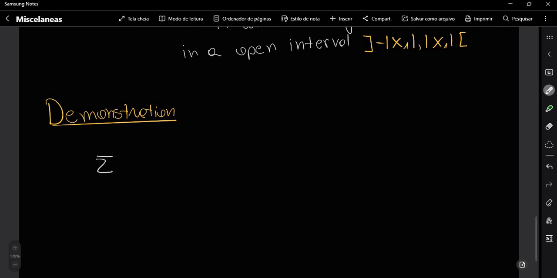So this infinite sum of the series a_n x to the n, x1, sorry, converges.